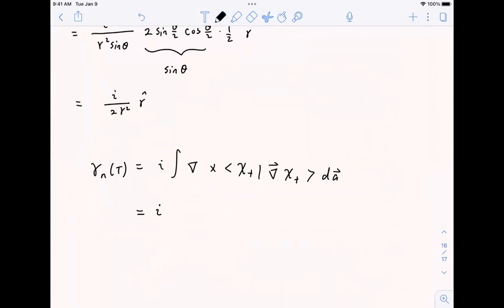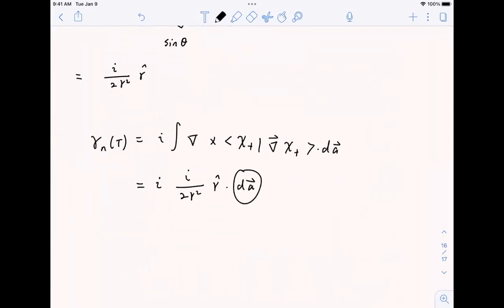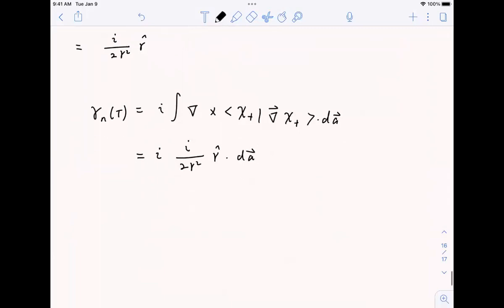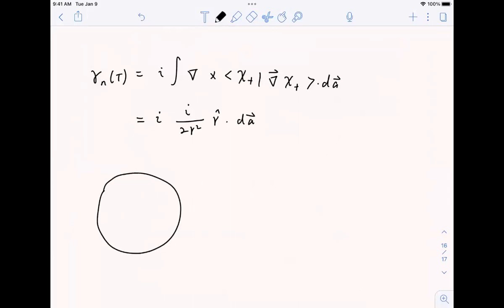Then this is just I, and then times I, 2R dot dA. So this A is the area, okay? And this area is always pointing in the radial direction. So in a sphere, let's say you have a dA.